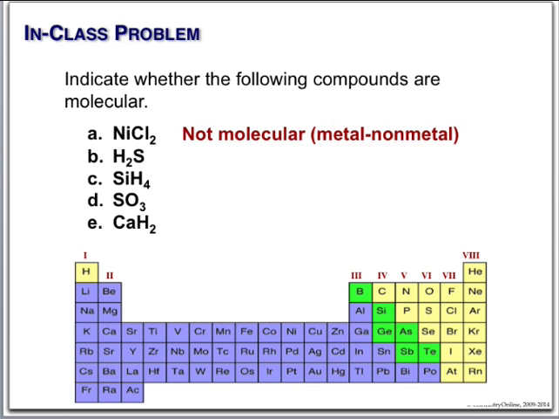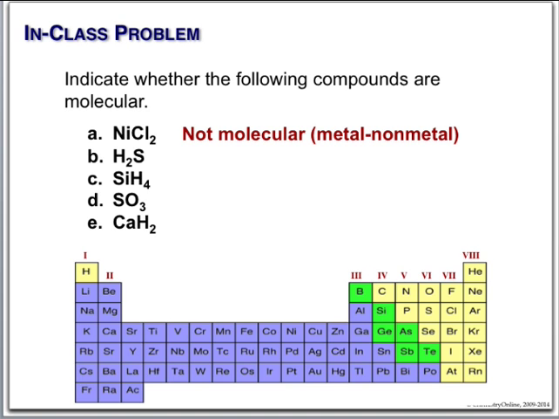The term not molecular is used in lots of books instead of ionic. Because sometimes ionic is an all-encompassing term, and simply not molecular kind of means we don't have covalent bonds. But I'll use both.